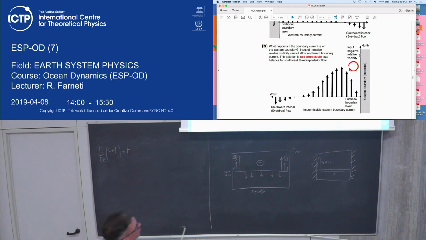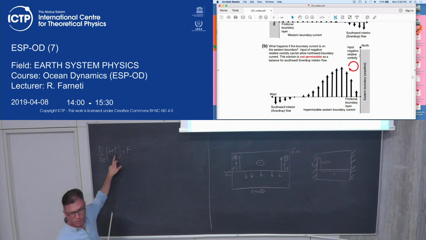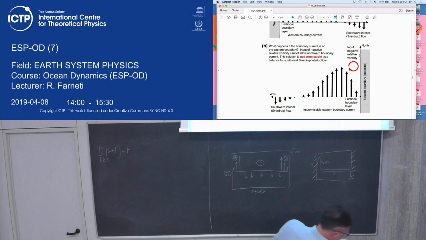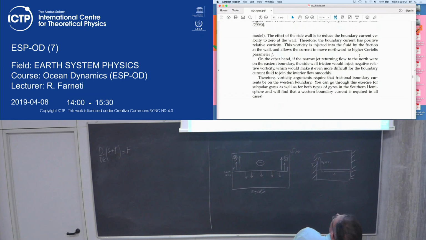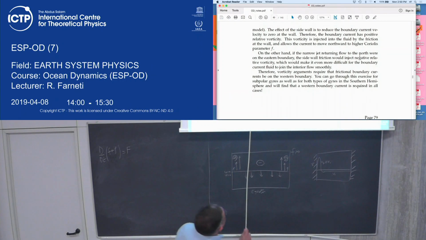So if you want to conserve vorticity, and in this case you are injecting some negative vorticity into the system, the only way of balancing this negative input of vorticity is through a western boundary current that balances that vorticity by changing relative vorticity. Okay. So you can use simple vorticity arguments to see the need for a frictional boundary current, okay?